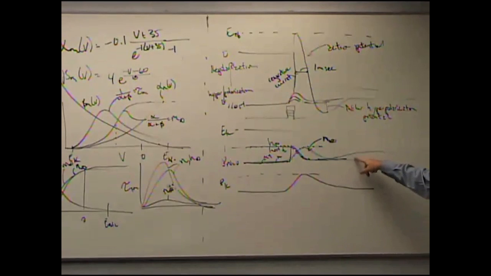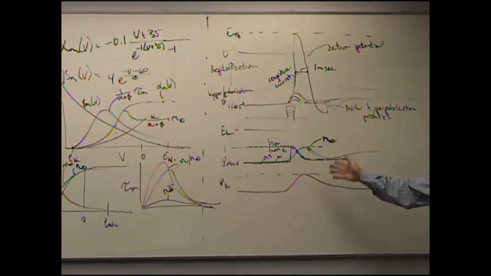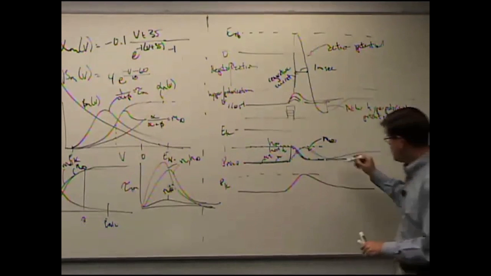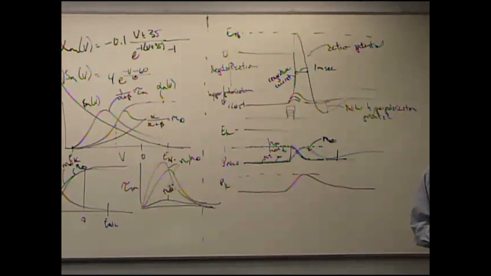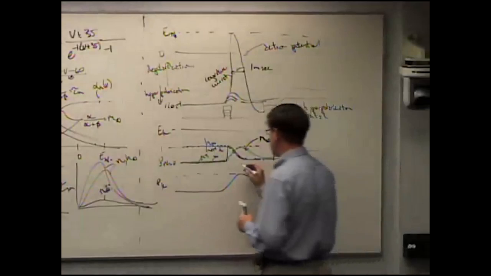It turns out that if you try to make an action potential right here, you're not going to get one. And at some point here, there are so many sodium channels inactivated that no matter how much current you put in, you can't get it to fire an action potential. This is what's called the absolute refractory period.